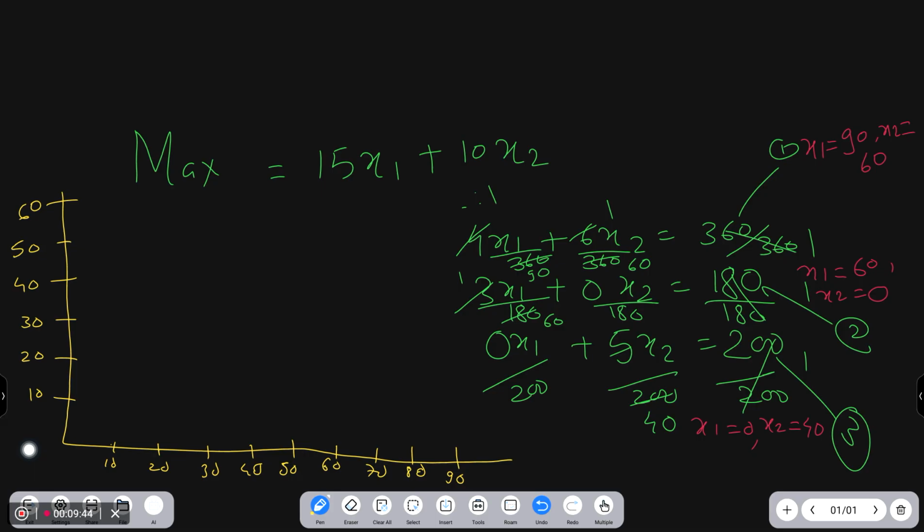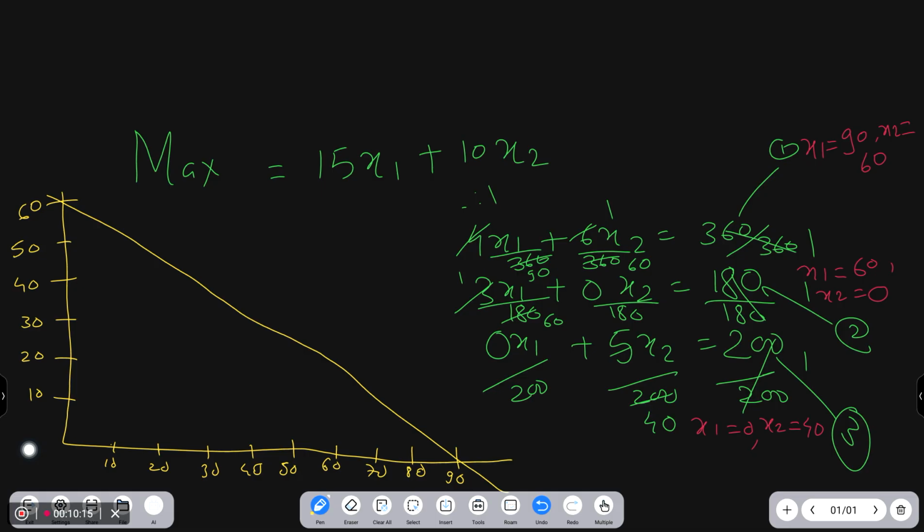What is the first coordinate? What are the coordinates for x1 and x2 for the first equation? 90 and 60. So you have to put a scale on these two points exactly, and then draw the line.